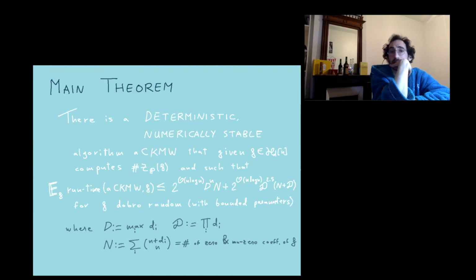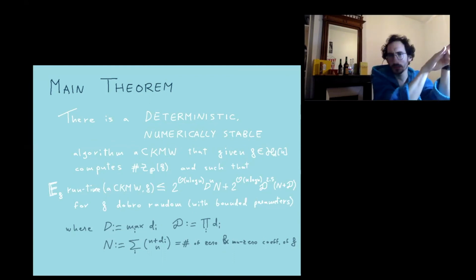And this algorithm satisfies that the expected runtime is bounded by one summand that is essentially maximum degree to the n times capital N, and then another summand where we have the Bezout bound appearing.